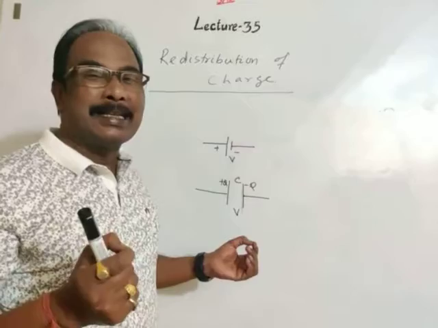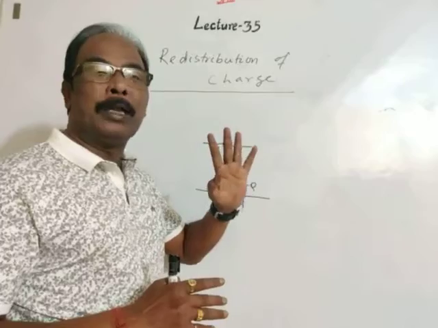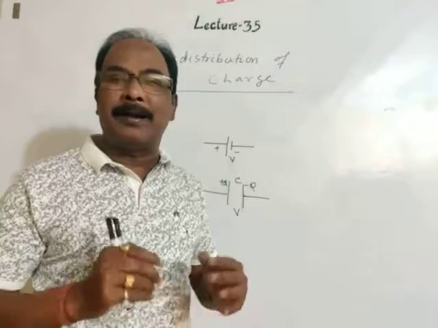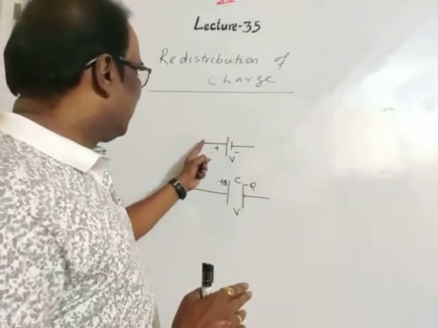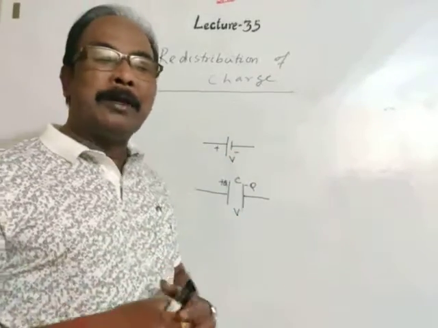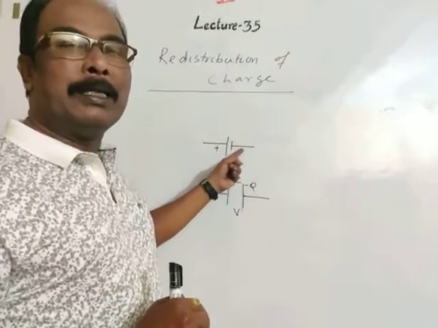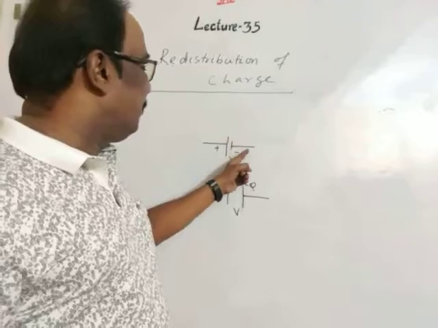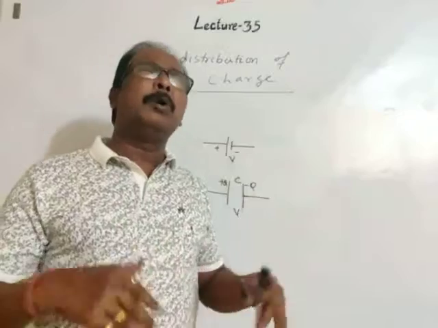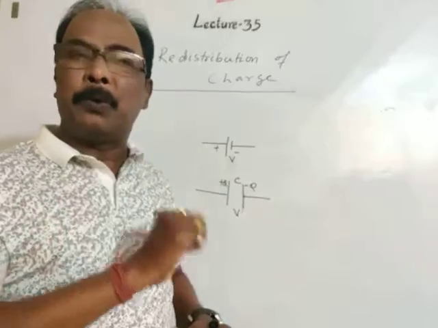As we have already discussed, conventional charge flows from high potential to low potential, but practically electrons flow from low potential to high potential, or from negative to positive. So in a general way we may say charge flows from high potential to low potential.